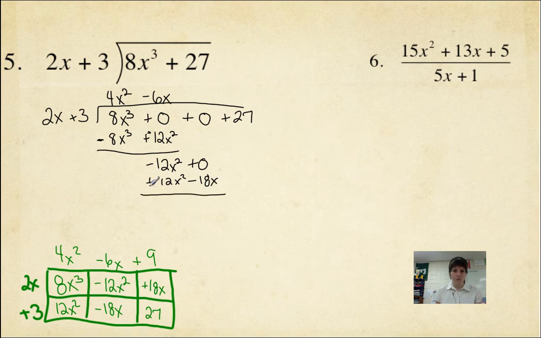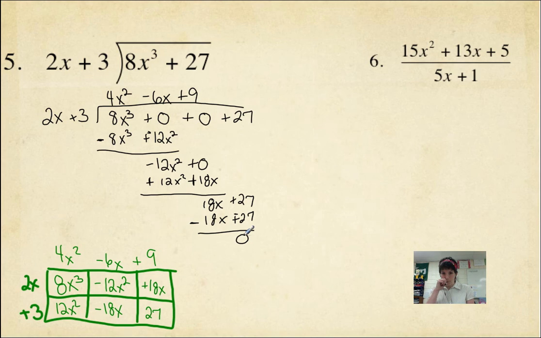Then I need to subtract, so that I get an 18x, and I bring down. 2x times what gives me 18x? Positive 9. Then I distribute 18x plus 27, subtract, and I have no remainder.